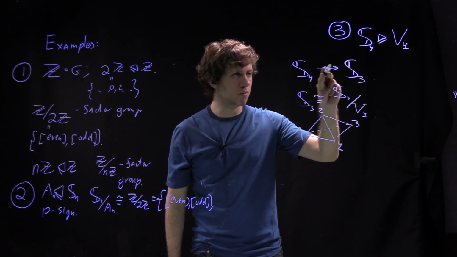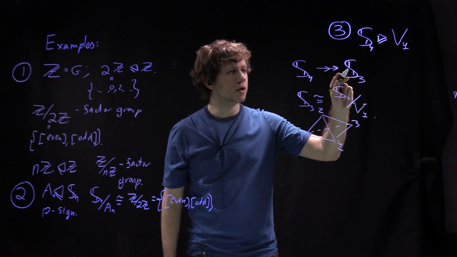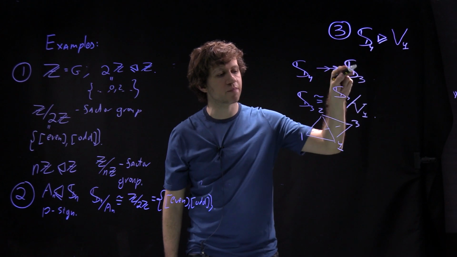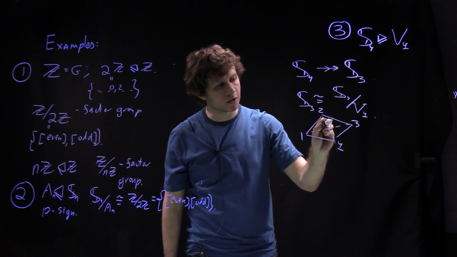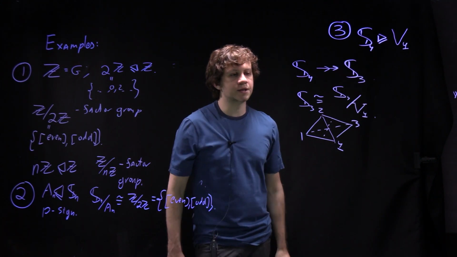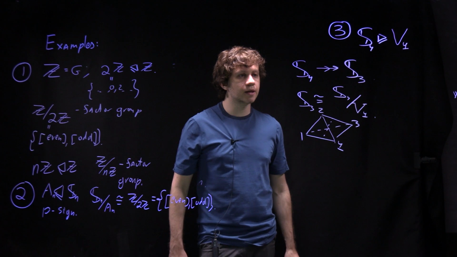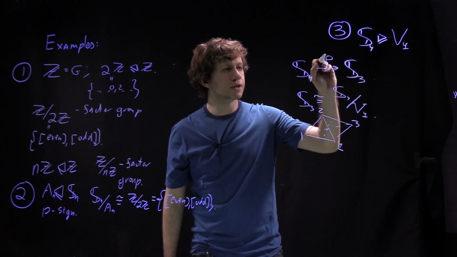So this homomorphism sends an element in S4 to the corresponding permutation of the 3 pairs of opposite diagonals, or you can think of it as diagonals connecting midpoints of edges. And basically, that's your map P in this case.